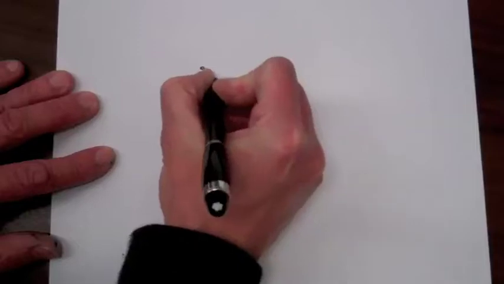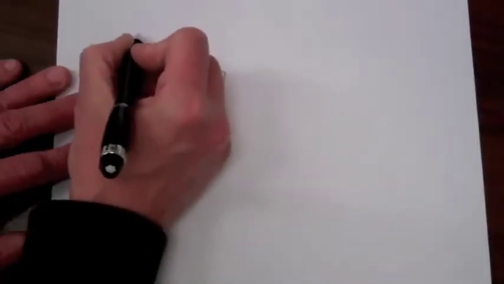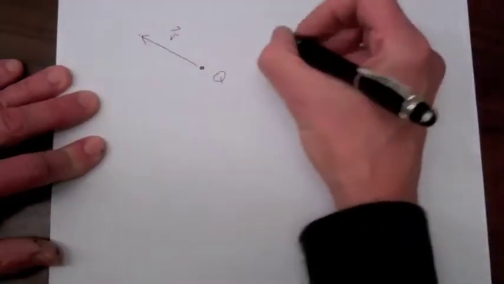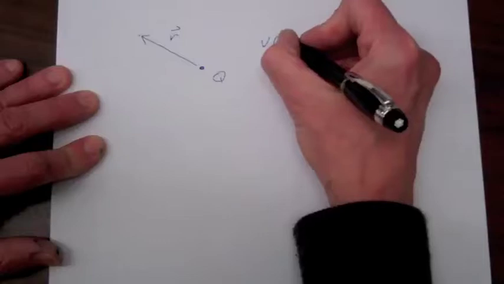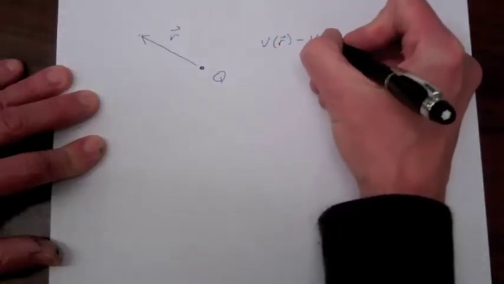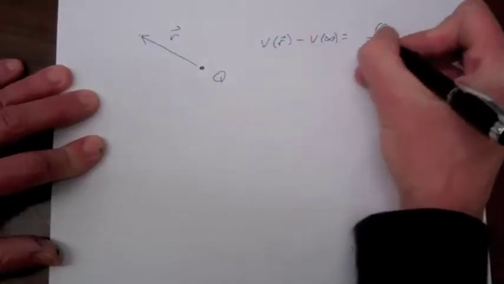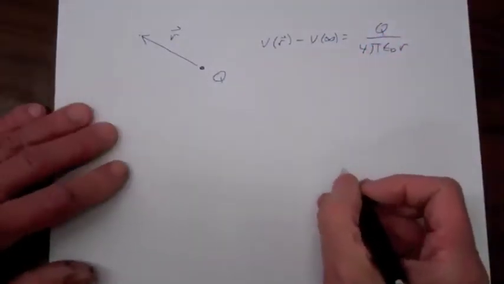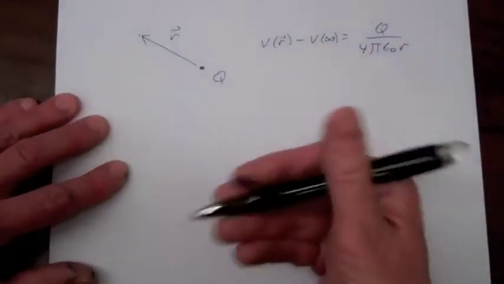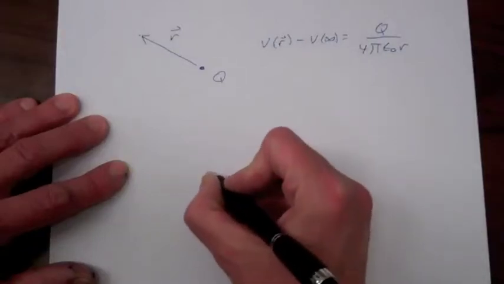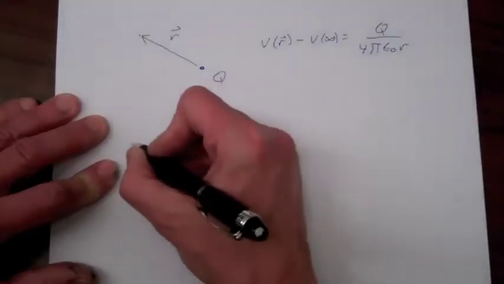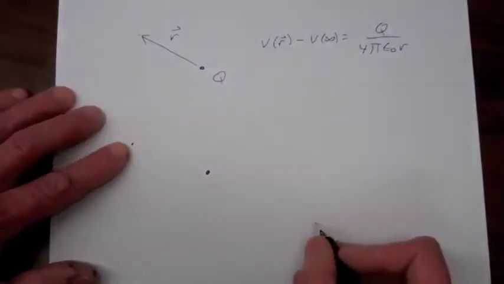So for point charge Q at the origin, at some location R here, the potential difference between location R and infinity is Q over 4 pi epsilon sub 0 R. Okay, so now let's change the location of the origin. Let's say this is where Q is, and this is where we want to find our potential.